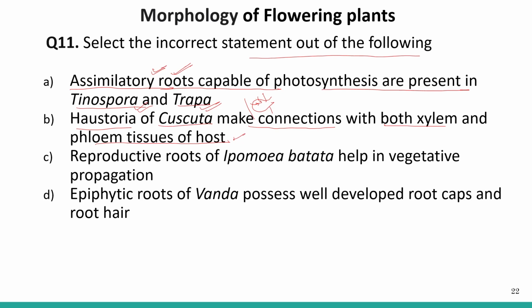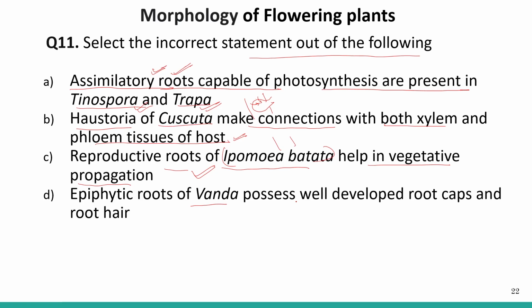So this is also correct. Reproductive roots of Ipomoea batatas help in vegetative propagation. Ipomoea batatas, sweet potato, if you cut that root and place it in the soil, it gives rise to a new plant. So this is also a correct statement.